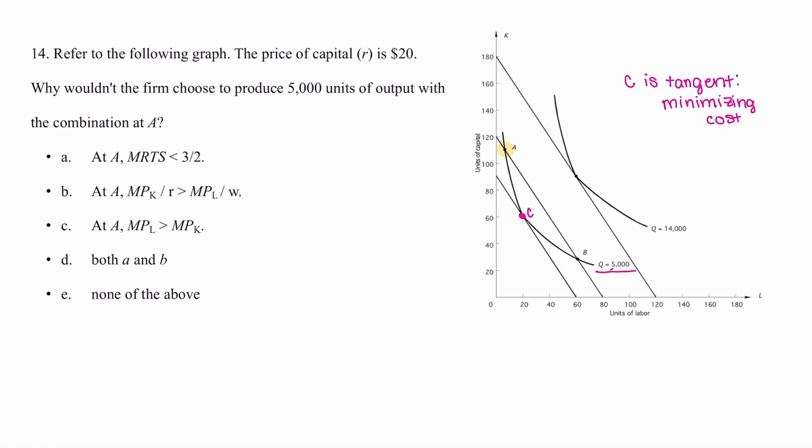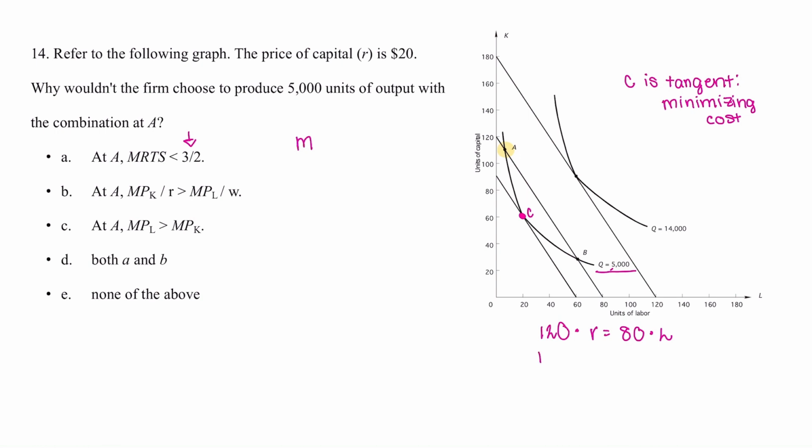So we know that at point A, we have 120 times R is going to be 80 times L. I'm showing you where they're getting this 3/2.